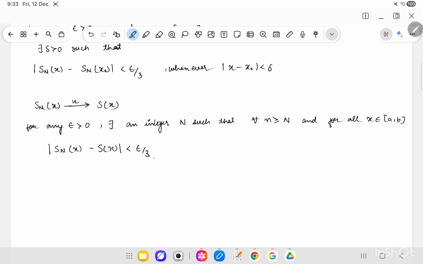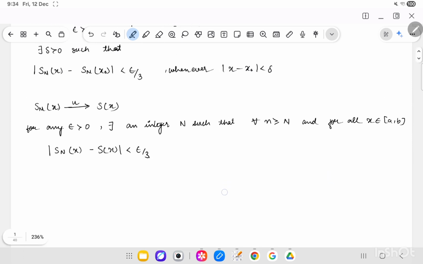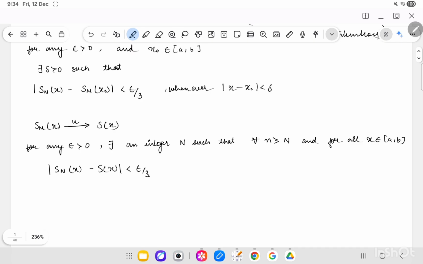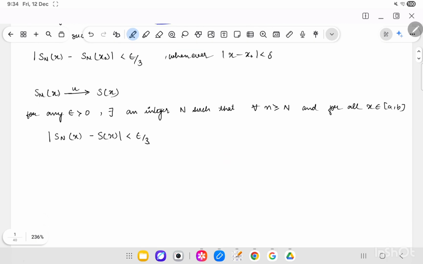Now since it holds for all x in [a, b], and x0 is basically an arbitrary point in [a, b], this must hold for x equals x0 as well.